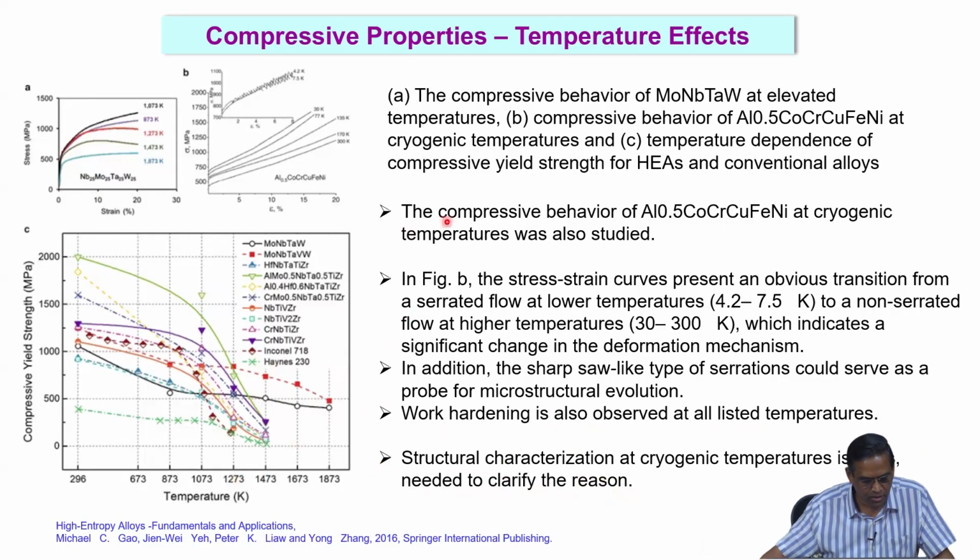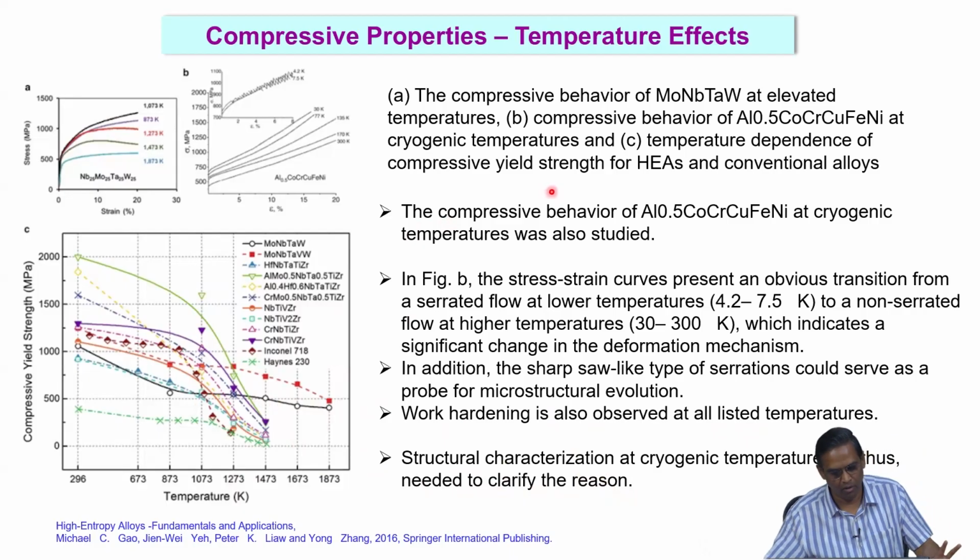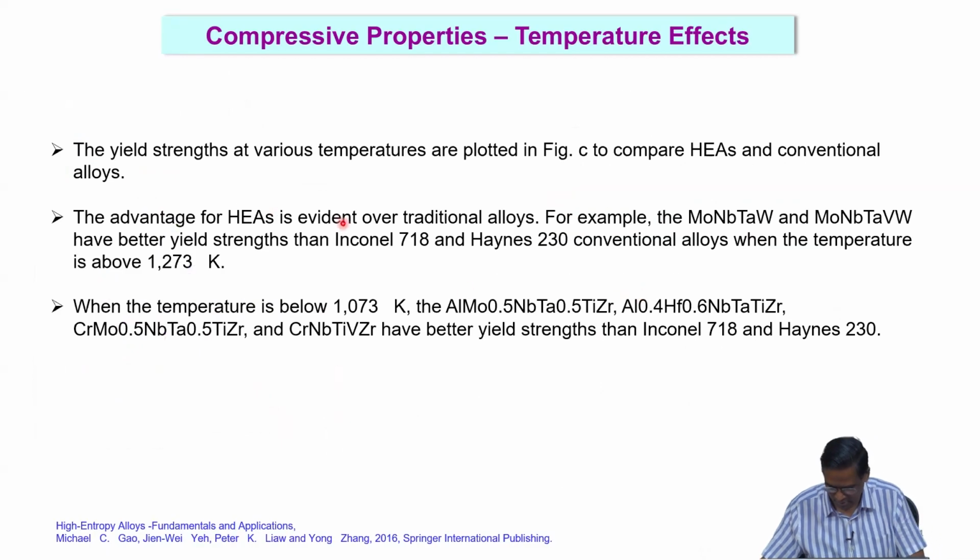So the message from this study is you have high entropy alloys which you have developed for room temperature and high temperature applications, and even for cryo temperature applications it exhibits promising properties under compression test.